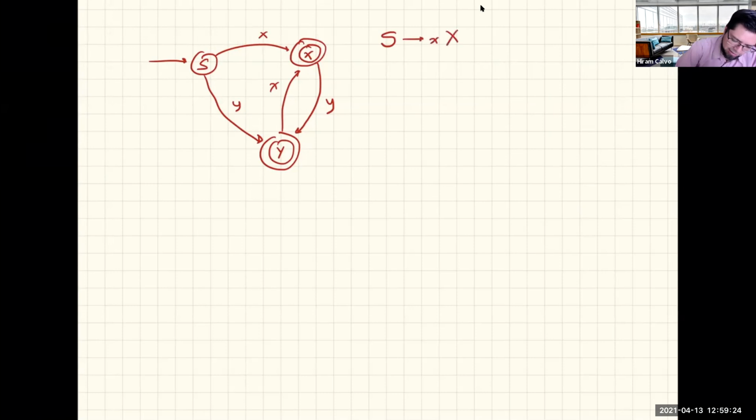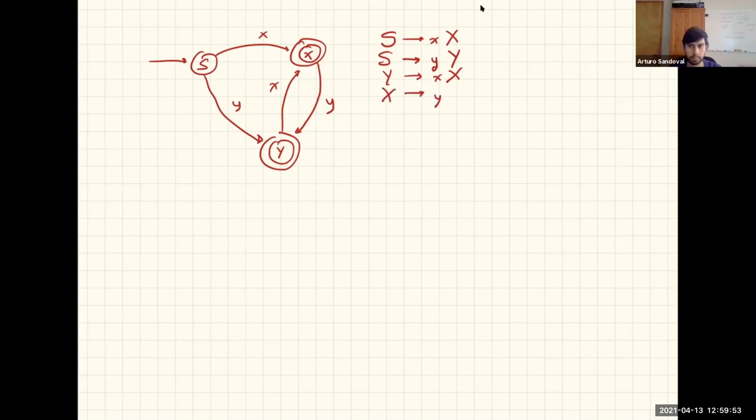X takes me to X. Then, also from S, we go to Y. And also, being in Y, if we have an X, we go to X. And if I am at X with a Y, we go to Y. And finally, for showing the accept states, we add rules with our lambda rules. You see? So this is much easier.